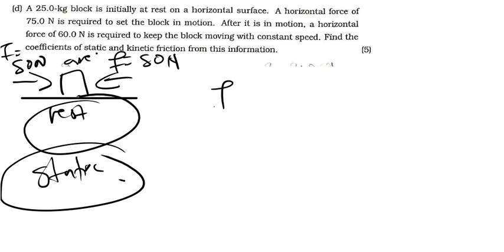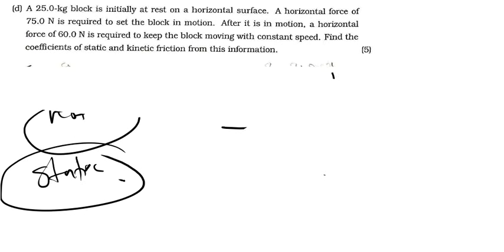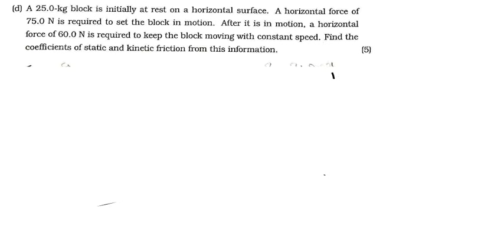So the applied force is equal to the static friction force. Now, the moment this applied force is greater than this friction force, the object is going to be moving, and we expect to have the kinetic friction, which is going to be Fk.